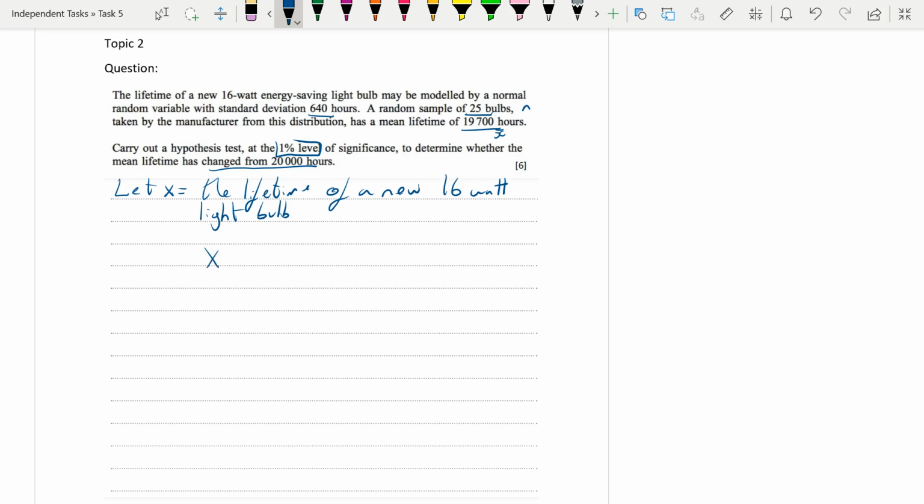Okay, so the current distribution, not x bar, the current distribution is normally distributed. It's 20,000, what's currently in place, is my mu, and then my sigma squared is 640 squared.